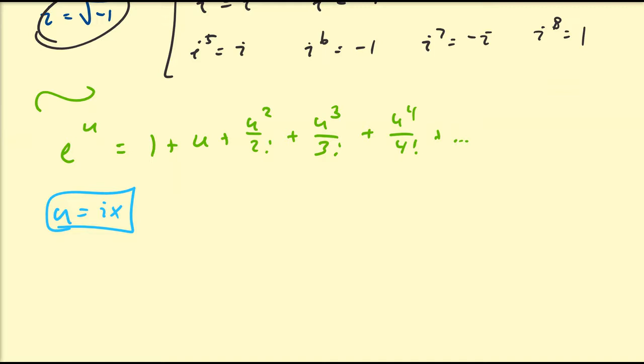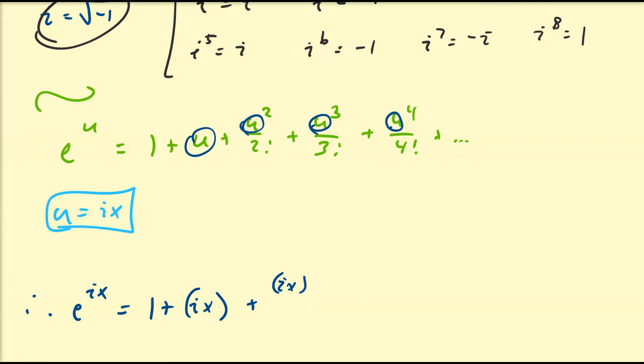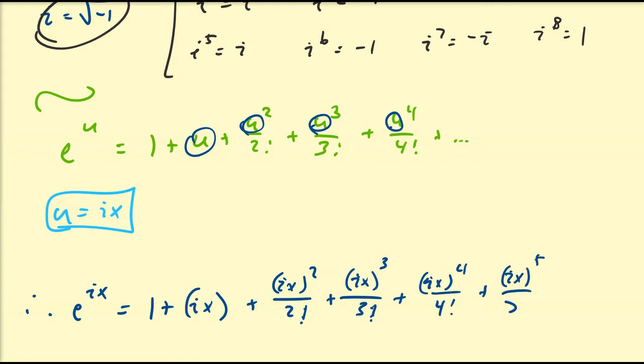So once we make that substitution into all of these representations of u, we get e to the ix is going to be equal to 1 plus ix plus (ix) squared over 2 factorial plus (ix) cubed over 3 factorial plus (ix) to the 4 over 4 factorial plus (ix) to the 5 over 5 factorial plus and so on.